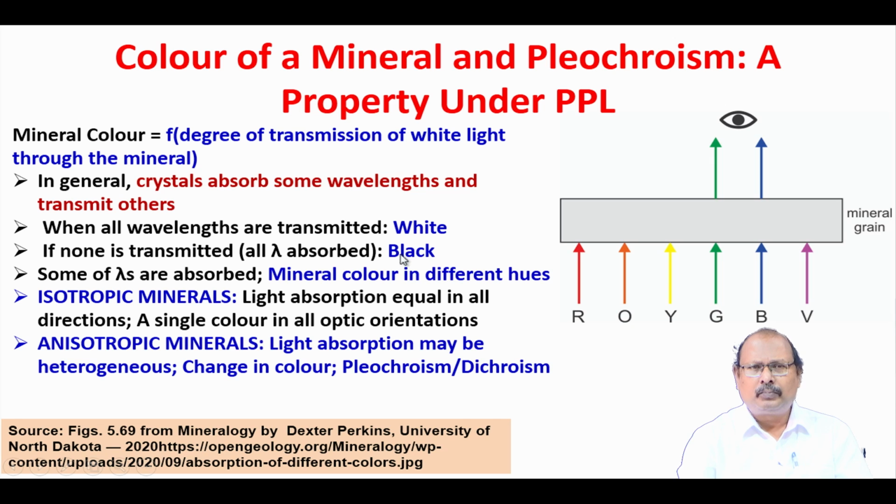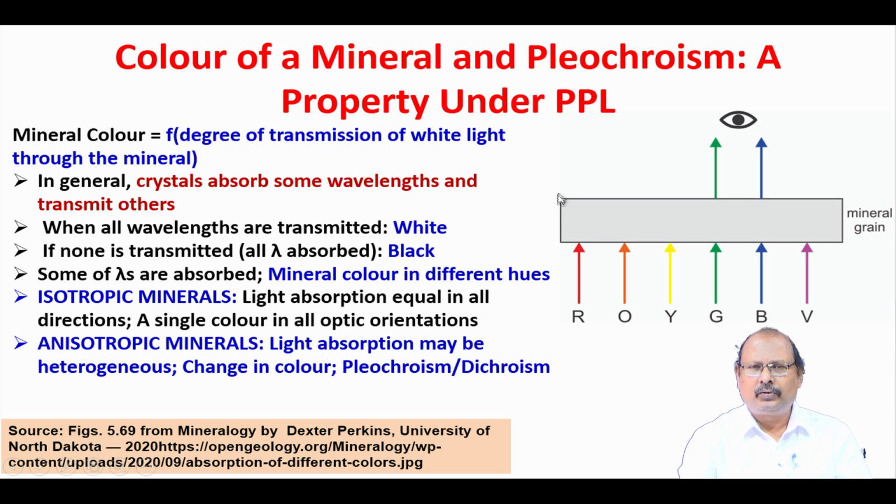The other important property under plane polarized light is color of the mineral, and also pleochroism. So, mineral color is a function of the degree of transmission of white light through the mineral. In general, crystals absorb some wavelengths and transmit others.